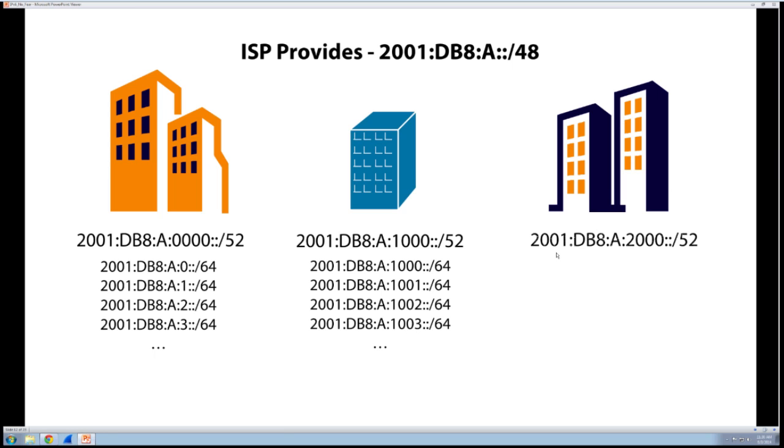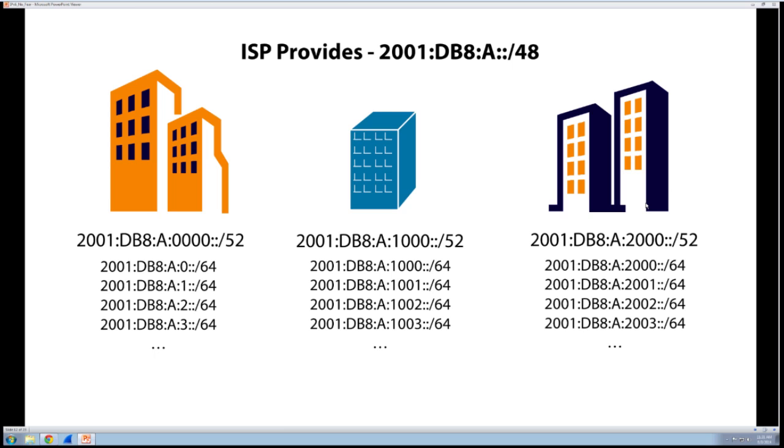All right, same thing for our third building here. This we can assign 2000 in our 4th hextet, right? And now we can count our addresses there. This gives us this fantastic ability to have a huge range of networks for any facility that we have out there and still have plenty of space for all of our facilities.